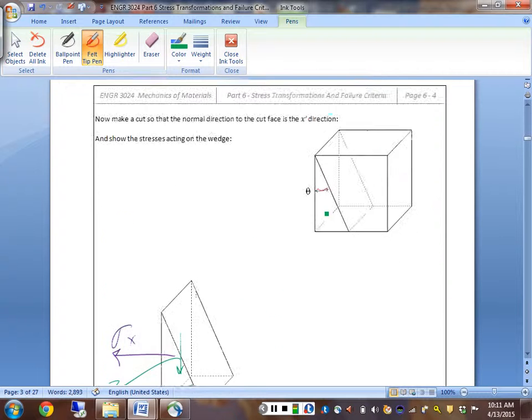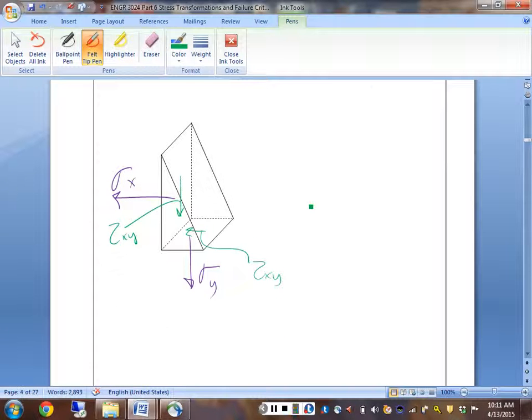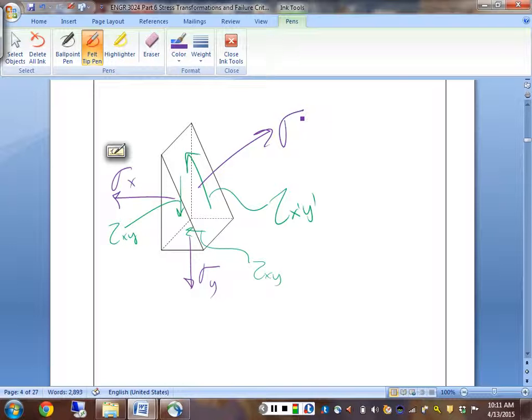Now, what we have new is the fact that we're going to have a tau x prime y prime that's along our newly sliced face, and we're also going to have a normal in our new x prime direction.